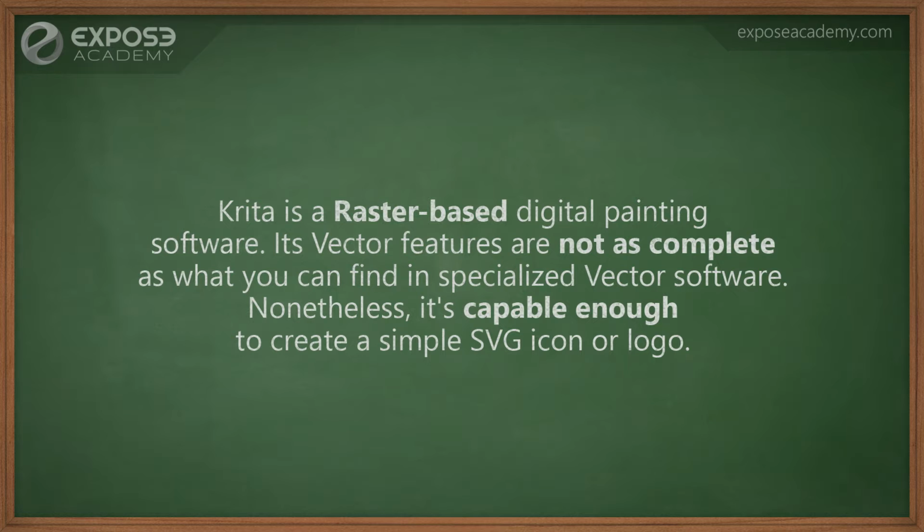So, it wouldn't be fair to compare Krita's vector features with special vector software such as Adobe Illustrator or Inkscape, etc. But even though it is not as complete as a vector software, for creating simple SVG vector graphics such as logos or icons, Krita is more than capable.